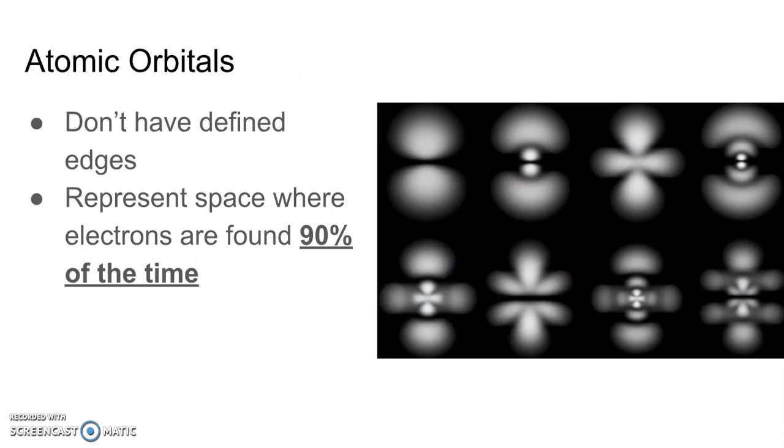You can see the picture on the right gives you a visualization of some of the different orbital shapes and where those electrons can be. But you'll notice they're not closed in because the electrons can move in and out of those spaces. These orbitals are where the electrons are found 90% of the time. So they look kind of like fuzzy clouds rather than closed-in balloons or something like that.